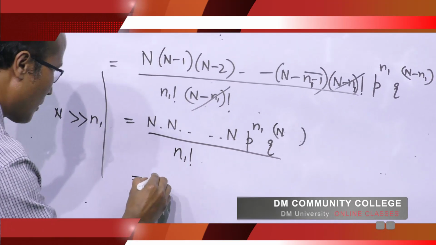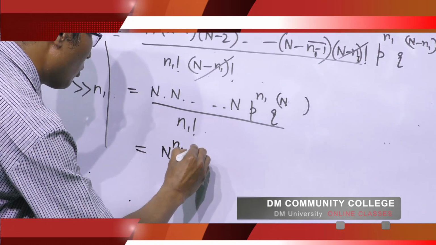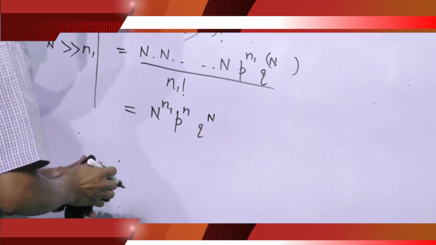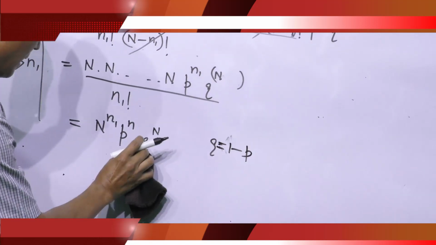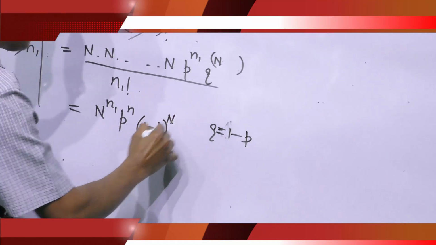So I can just write n to the power n1, p to the power n1, and q to the power n. Remember that q is equal to 1 minus p, so I can write it as (1 minus p) to the power n.